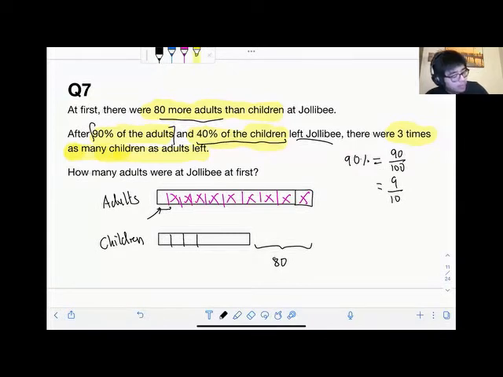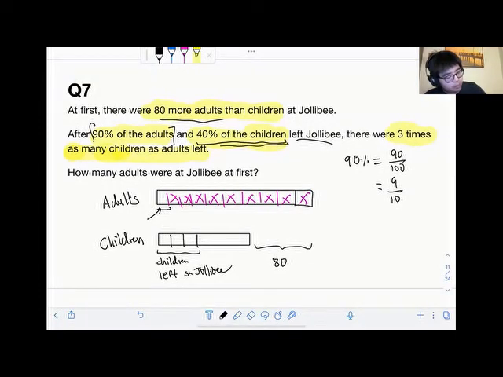Alam din po natin na yung 3 boxes na to, this is children left sa Jollibee. Ibig sabihin, yung 3 boxes na to is 60% of the children. Diba?